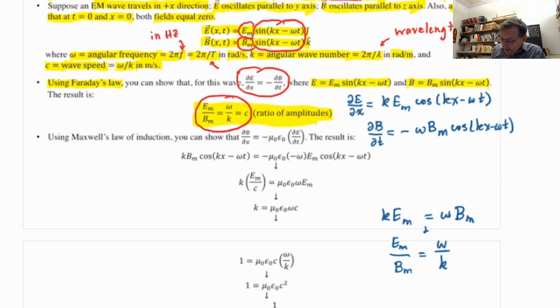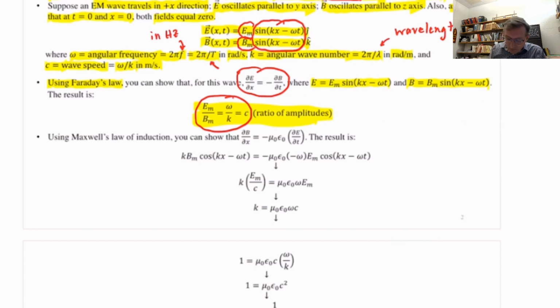Now let me use another idea. Using Maxwell's law of induction, which we just talked about in chapter 32, you can show that another partial derivative relationship has to be true, right here. The partial derivative of B with respect to x must equal negative mu0 times epsilon 0, partial derivative of E with respect to t.